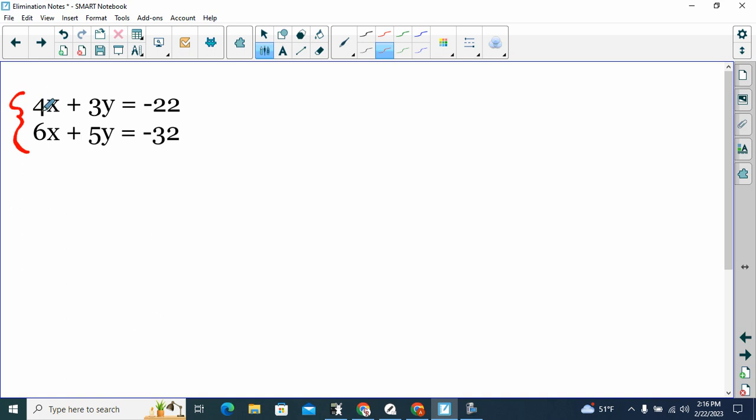So I want this to be 12x. I can make that 12 by multiplying by what? Multiply by 3. 4 times 3 is 12. So that's 12x plus 9y equals negative 66. This one I want to be minus 12x.